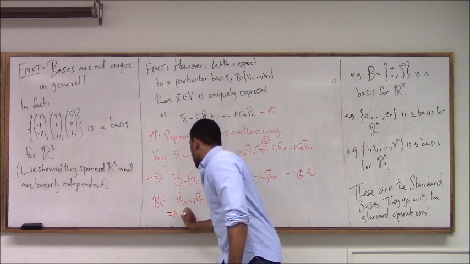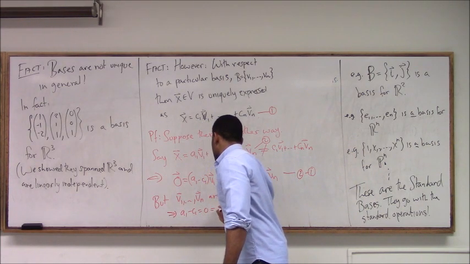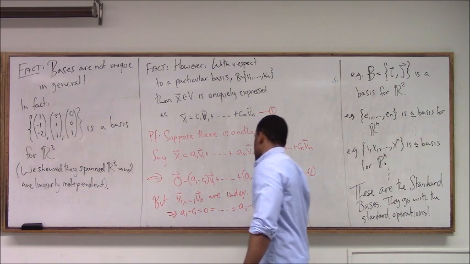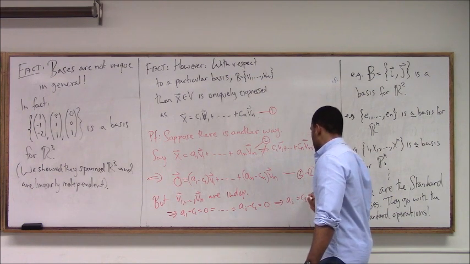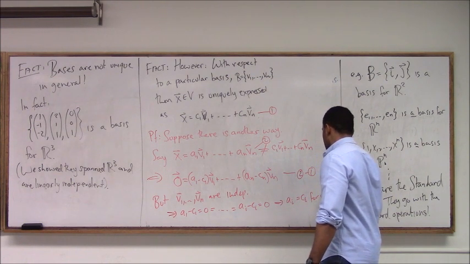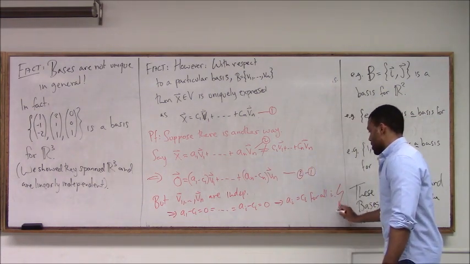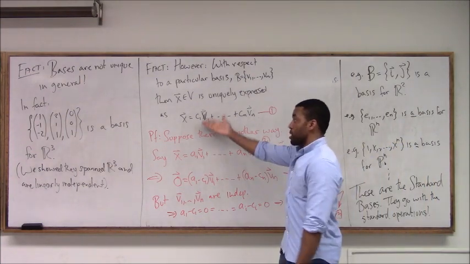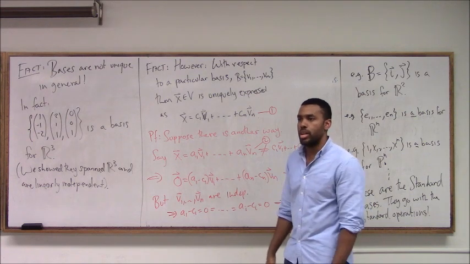This would mean that a1 minus c1 must be equal to 0, literally all the ai's minus ci's must be equal to 0. And so you get that ai equals ci for all i. And therefore it's a contradiction, because I just proved that they're actually the same. So if I pretend there's some other way to write down this vector, it turns out that it's exactly the same way as I did before.